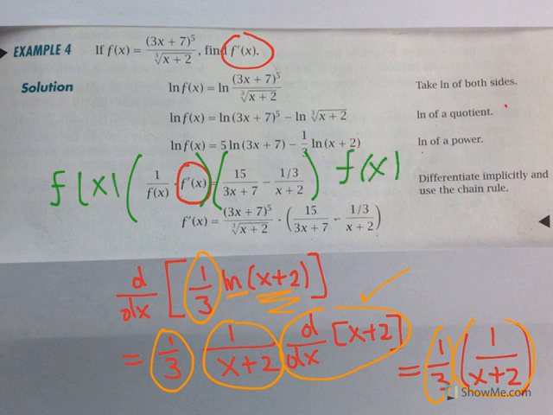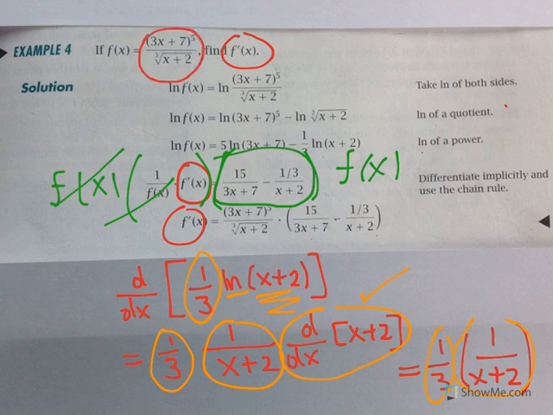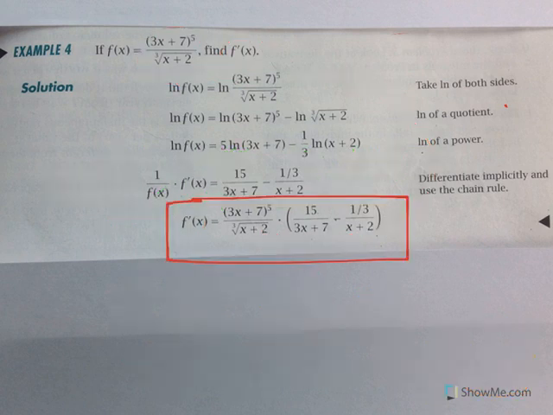And when I multiply by f of x on the left side of the equation, it will cancel with the 1 over f of x, leaving me with f prime of x on the left side of the equation. And on the right side of the equation, I'll have the work from my previous step, multiplied by f of x. What is f of x? Right here. That's f of x, so I just write that in for f of x, and there's my answer.